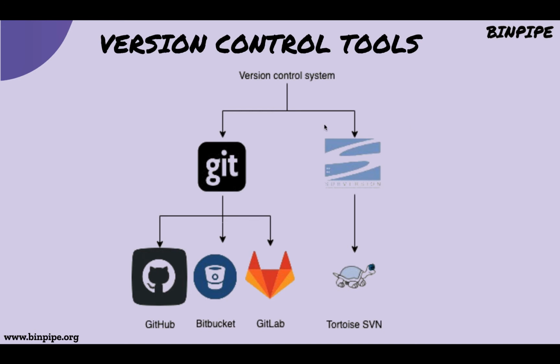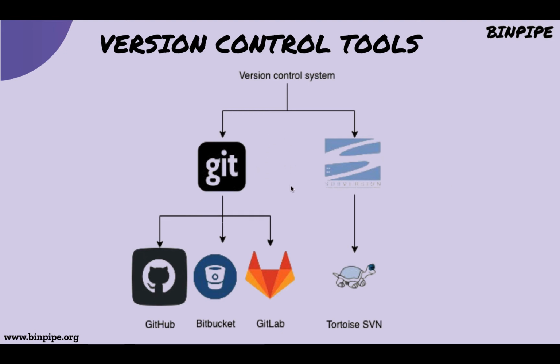But one thing you have to remember is that in version control systems there are two philosophies. One is a distributed version control system, which Git is, and another is a centralized version control system, which is Subversion or Mercurial.